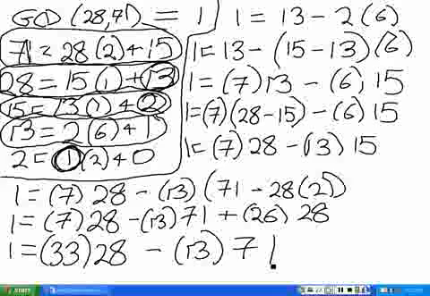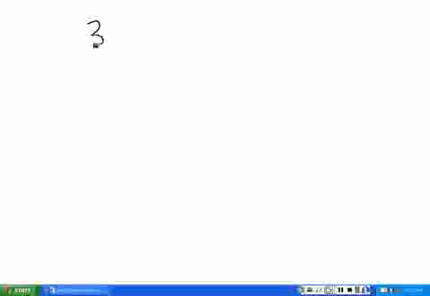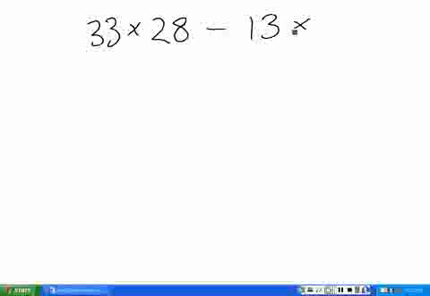So we've now expressed 1 as a combination of 28 and 71. So 33 28s and minus 13 71s gives us 1.